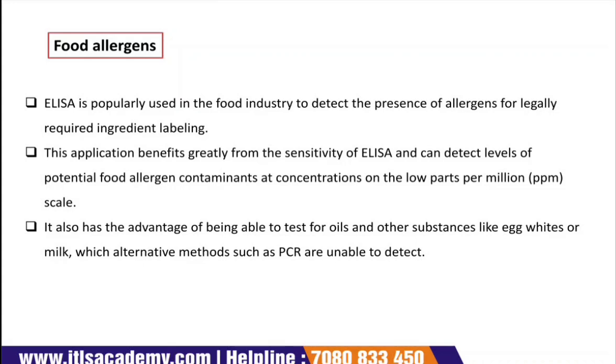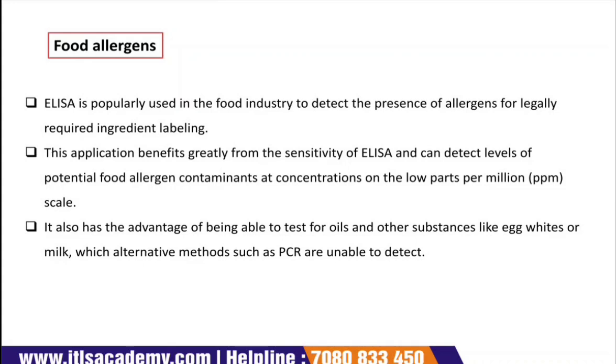It also has the advantage of being able to test for oils and other substances, for example egg whites or milk, which alternative methods such as PCR are unable to detect.